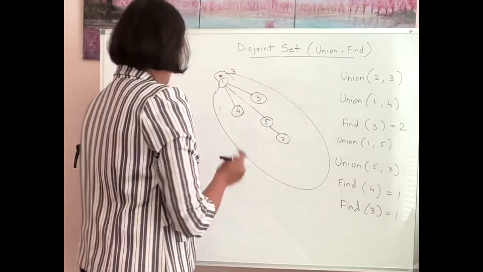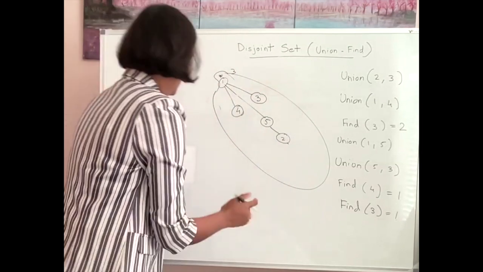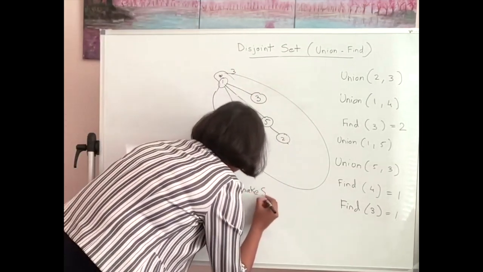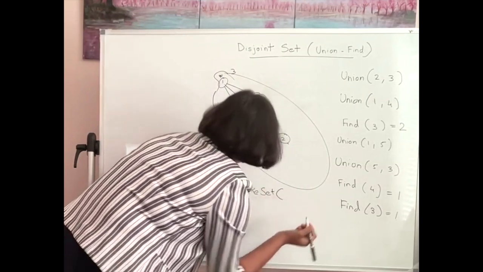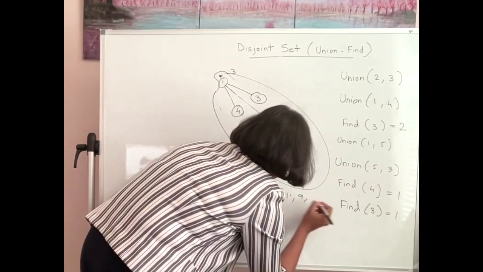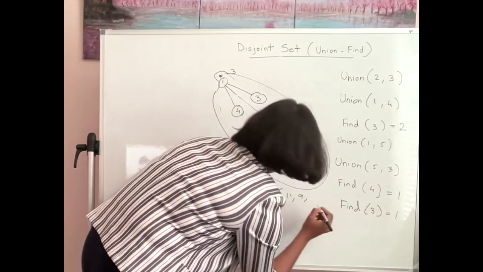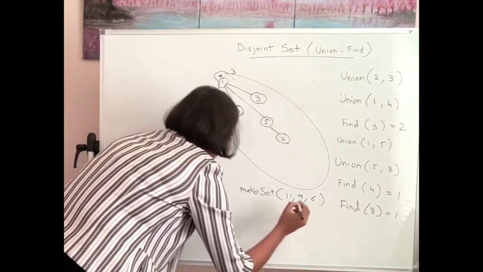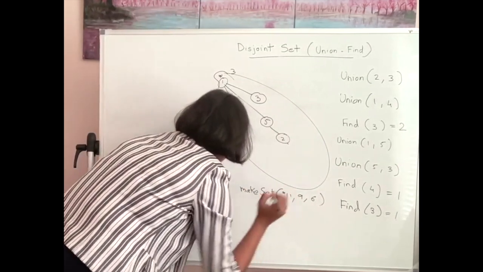And then we have another set. So let's say we call operations such as make set, let's call the elements 11, 9, and 6. And let's say that the representative of this set is 11.